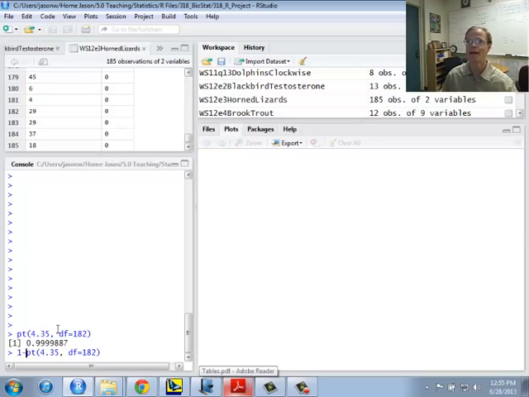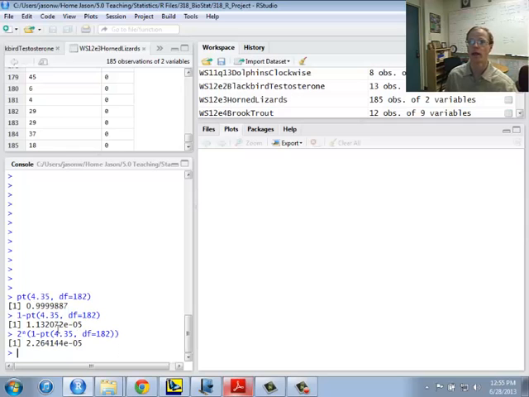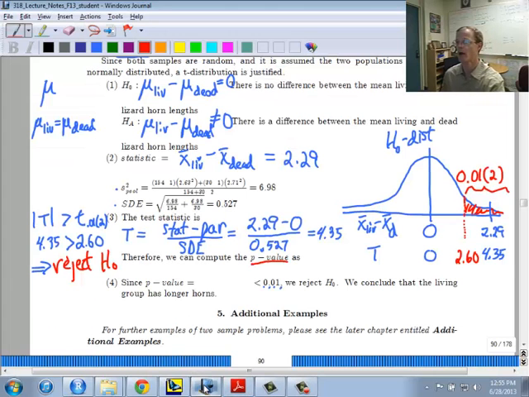So if I go 1 minus that number, then there's what I'm looking at. Since it's a two-tailed test, we'll go ahead and multiply by 2, and we've got it. 2.26 times 10 to the negative 5 power. So we can go ahead and put 0.00002. Very strong, reject H null, and we already had a discussion of what that looks like.